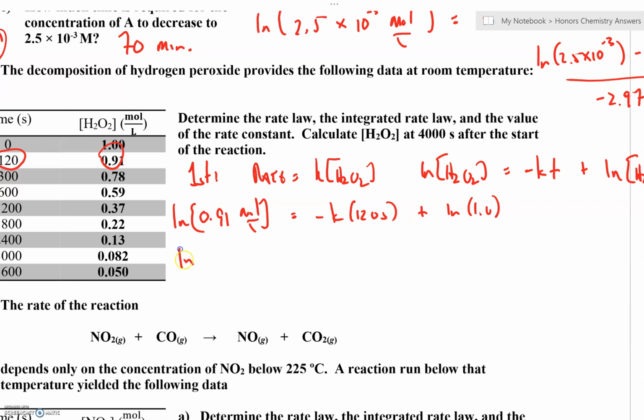To solve for k, we're going to subtract the natural log of 1 from both sides. Again, there's a way of doing this where you simply take the natural log of one divided by the other, but we'll leave it just like this so it looks like the equation. We're going to divide this by 120 seconds. The natural log will eliminate the units, and so our value of the rate constant k will have the units seconds to the negative 1.